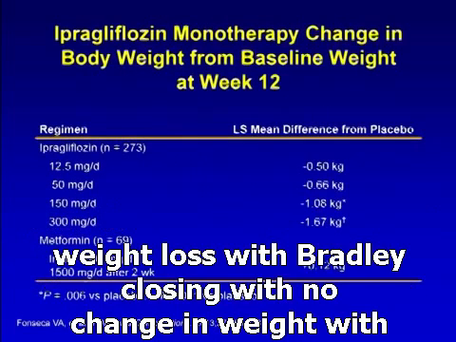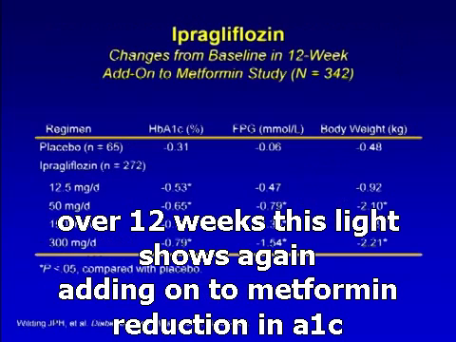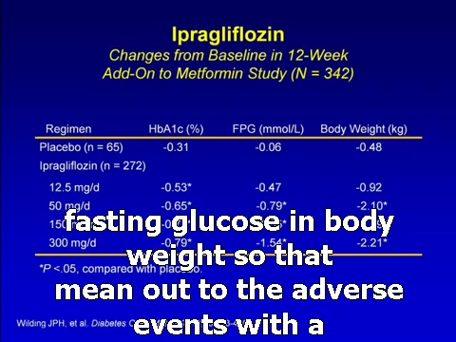Next slide shows weight loss with empagliflozin with no change in weight with metformin over 12 weeks. This slide shows, again, adding on to metformin, a reduction in A1C, fasting glucose, and body weight.